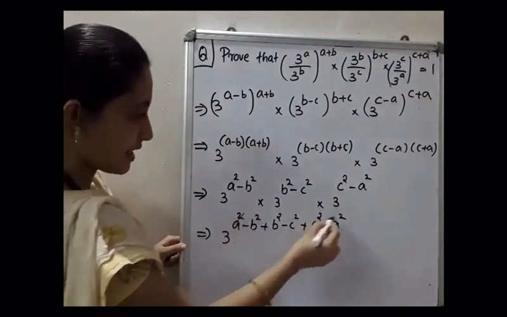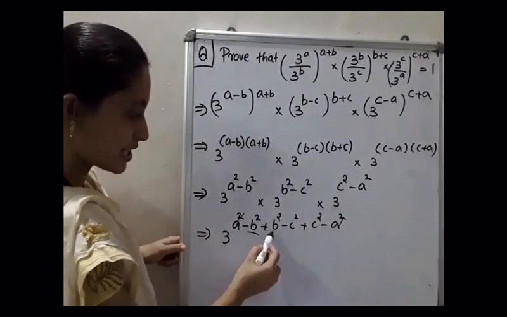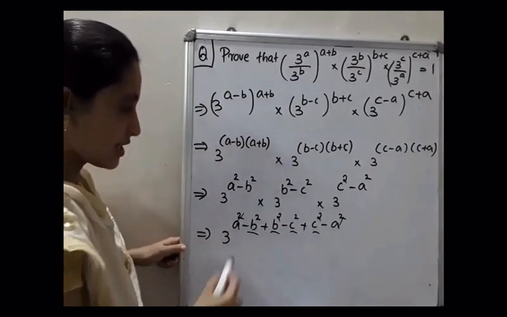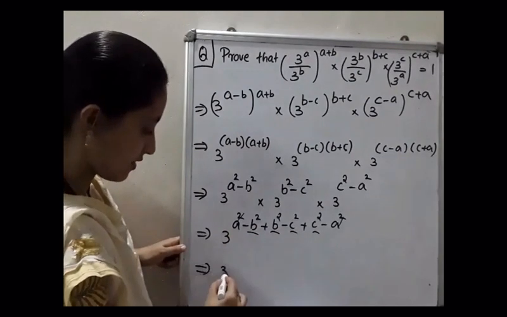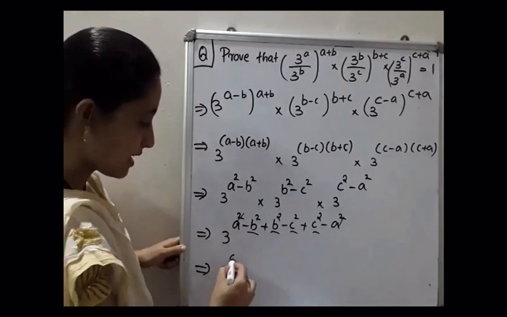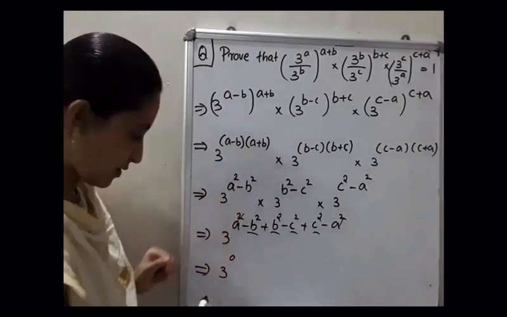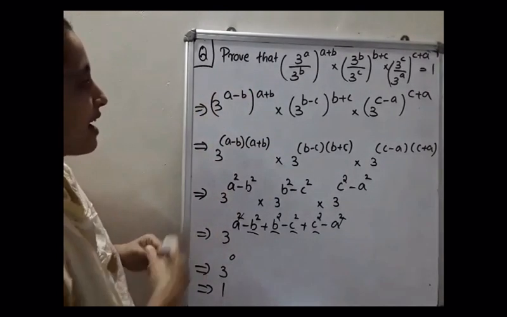So plus a square minus a square you can cancel, minus b square plus b square you can cancel, minus c square plus c square you can cancel. So all the powers cancel. You can write it as 3 raised to 0. Any number raised to 0 is 1. So the answer will be equal to 1. That we have to prove. This value is equal to 1.